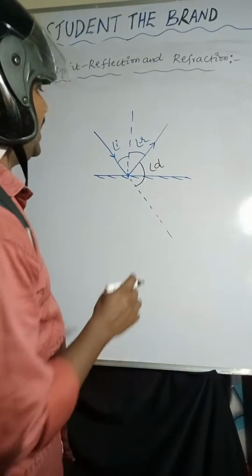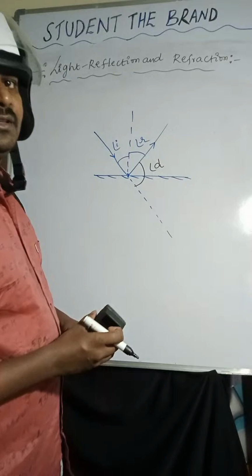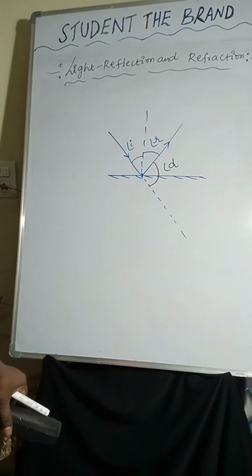Coming to the laws of reflection. The first law: the angle of incidence is equal to the angle of reflection.